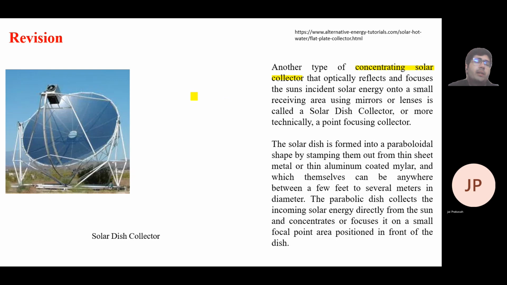The concentrating solar collector means this system is concentrating the solar radiation to a particular point. Okay, so we are using some lenses and some mirrors, and using those mirrors and lenses we are concentrating the solar radiation to a particular point, because if the radiation is distributed, then the effect of the heating will be less as compared to if you are concentrating the radiation.